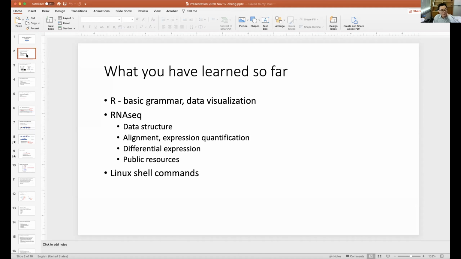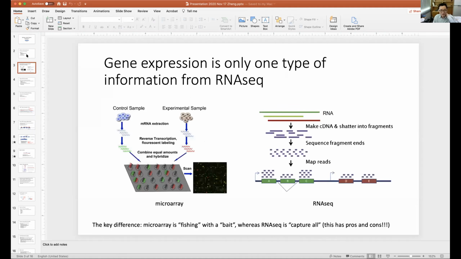But if you talk about what you can do beyond gene expression, I think there are really two aspects to this question. So first is, for the RNA-seq per se, what other information can you get other than gene expression from RNA-seq? That's the first aspect of the question.